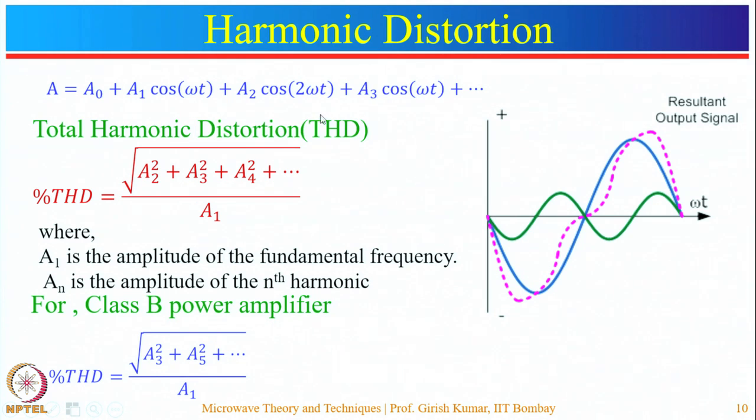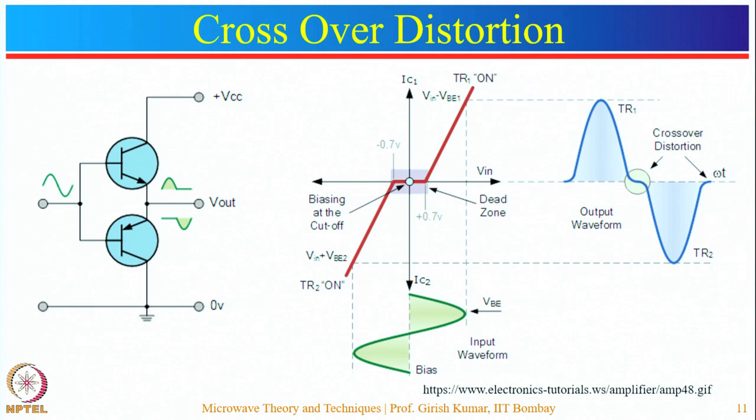So this distortion will be relatively very less because the main distortion is due to the second harmonic. So this harmonic will be absent in class B amplifier. So the harmonic distortion will be relatively less in case of class B amplifiers, and this will be given by this particular expression.